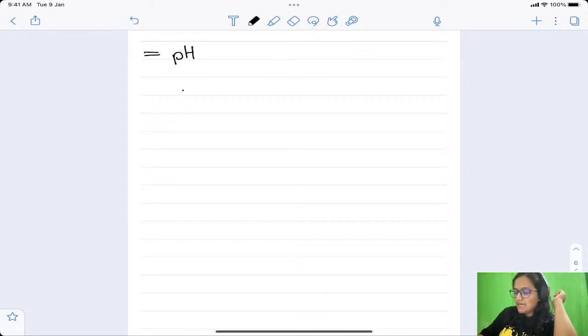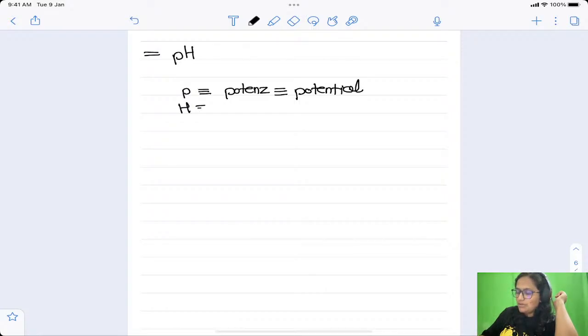Here the P stands for potens, which is a Greek word whose meaning is potential or capacity. H stands for proton, that is nothing but the H plus ion.